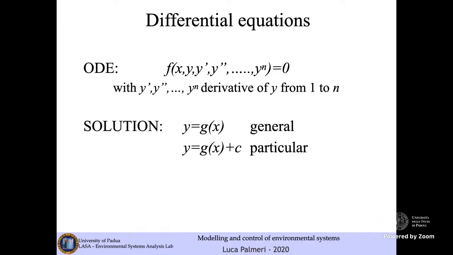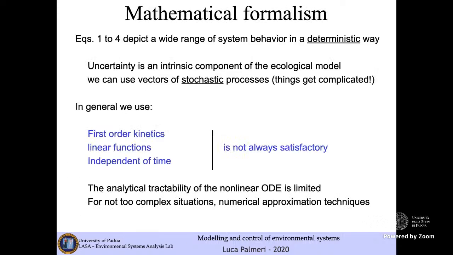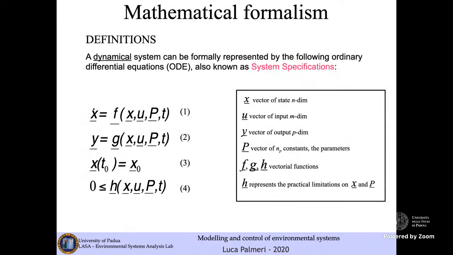So in general, this is a matter of notation, we may convert an ordinary differential equation by algebraic calculation. For example, I move this function to the other side, changing the sign, and this becomes x vector, first order derivative of the vector of state, minus the vectorial function f, equal to 0.